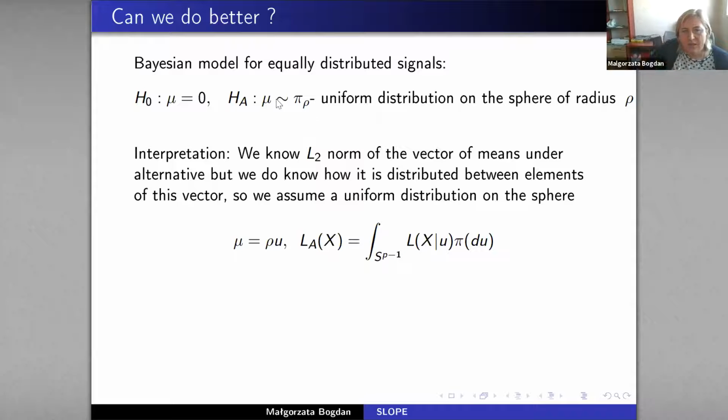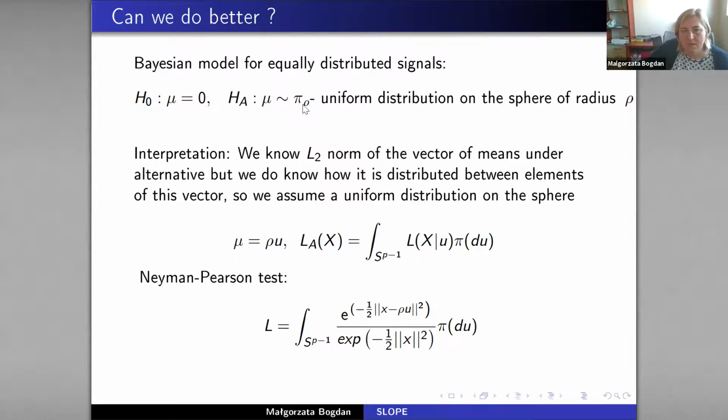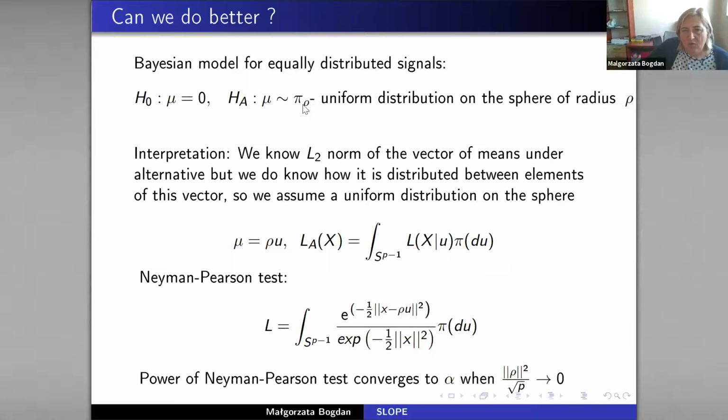So in the Neyman-Pearson test, we assume that mu is uniformly distributed on the sphere of radius rho. And basically, we can show again that this best test is not capable of identifying the signal if the square of the L2 norm is smaller than the square root of 2p.